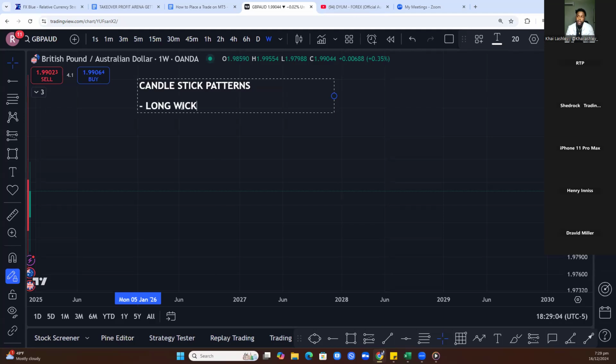You got the long wick rejection candles. I'm going to categorize them for you so that you can easily remember them. Some of you guys would have mentioned them.